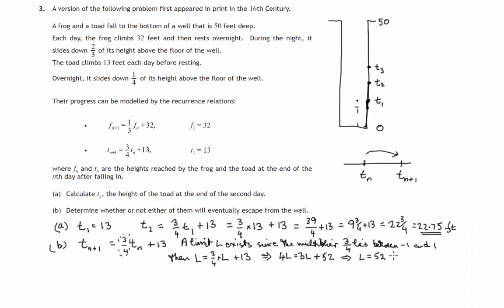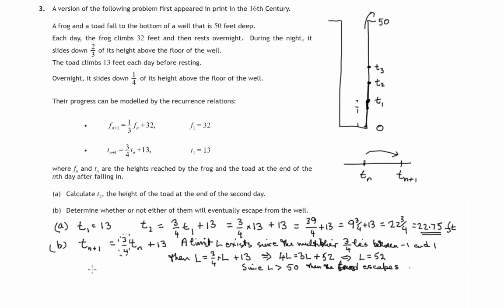And since L is greater than 50, eventually it will escape from the well. The frog escapes. Sorry, the toad. We'll get to the frog in a wee minute. The toad escapes.